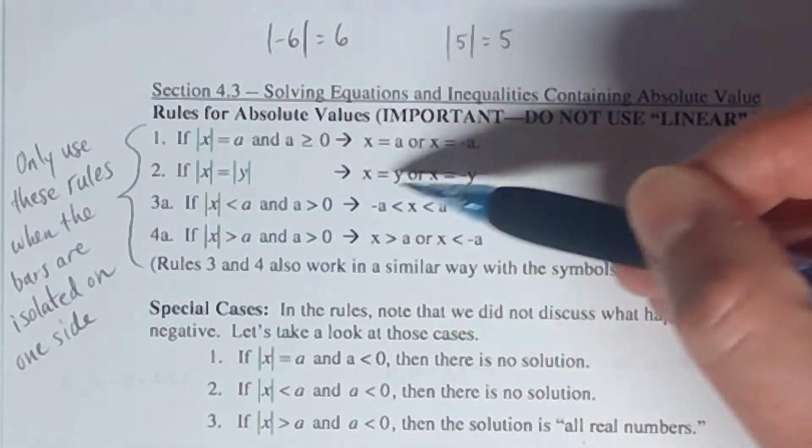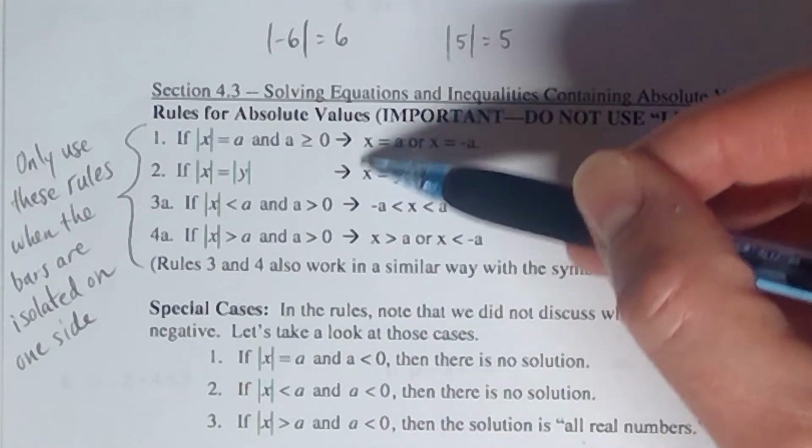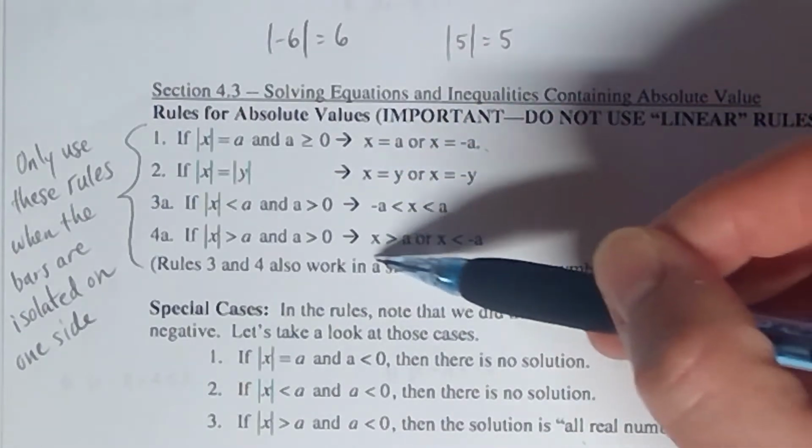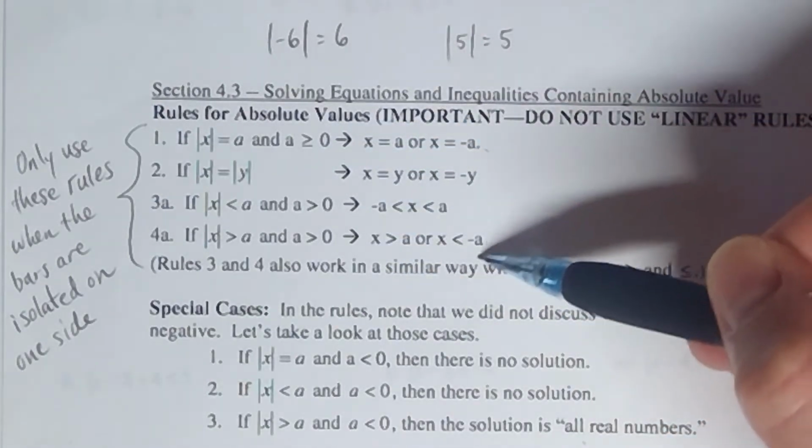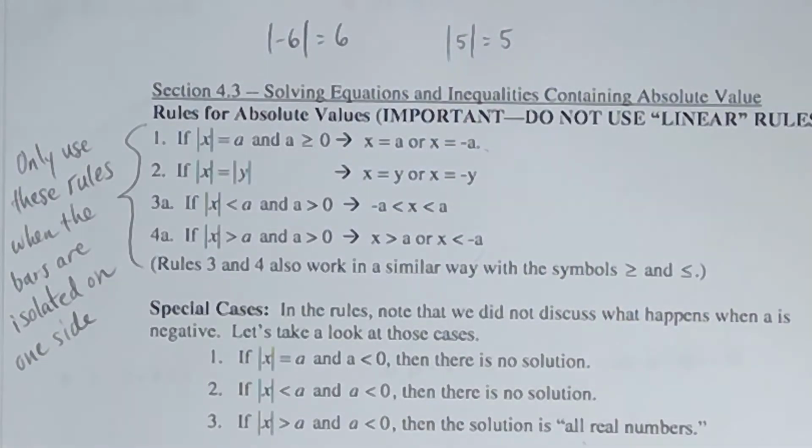And it's these 4 rules that lead to these results over here, which, because the bars are now gone, allow you to then use the rules that we've had in the past. Remember, you can't use the rules we had in the past if the bars are still there.